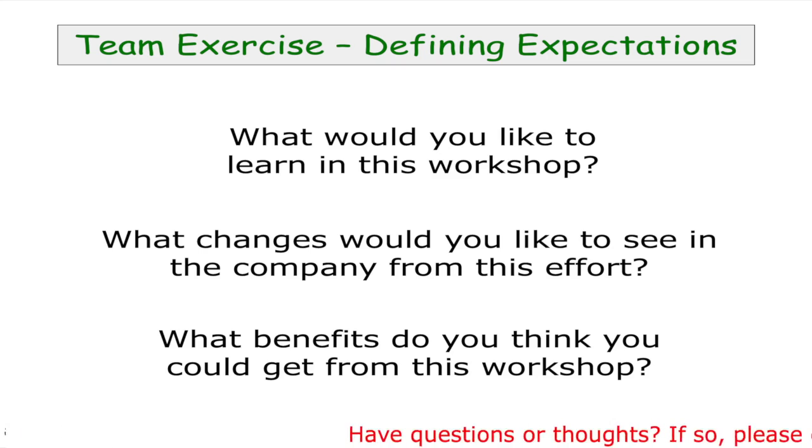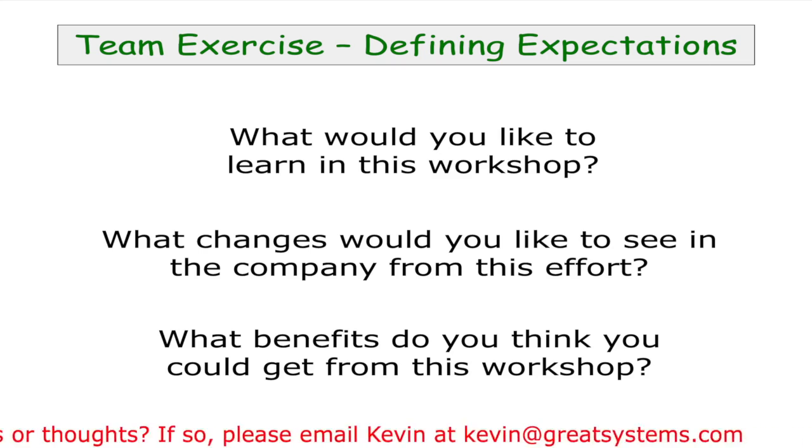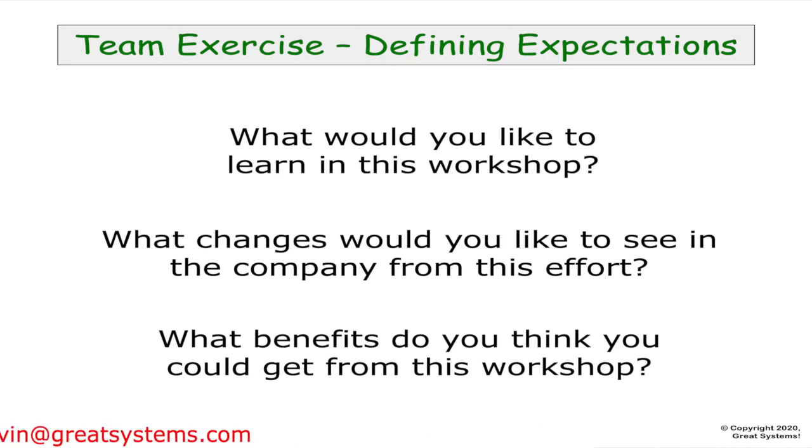You can also use the questions on the slide to help you identify possible expectations for the time you will invest in this workshop. So let's all take about 5 minutes to begin by listing up to 3 of our own expectations of this class. What do we want to learn from this class? Once we've listed our individual expectations for the class, work as a team to define a list of consensus expectations for the class. And then we can look and see where the similarities exist, where there might be differences, who might have a unique learning need, but most importantly, what are the common learning needs for the class?